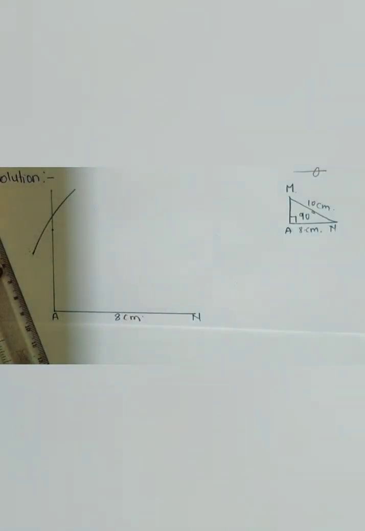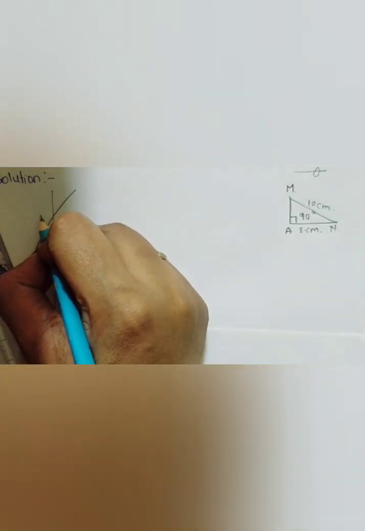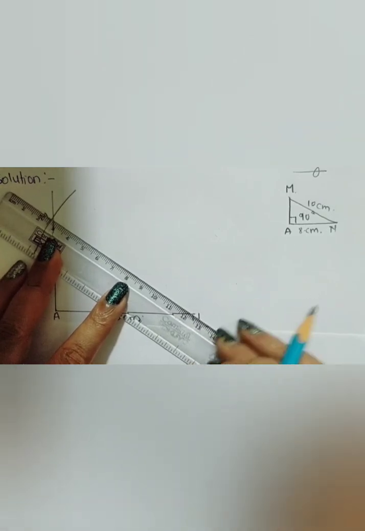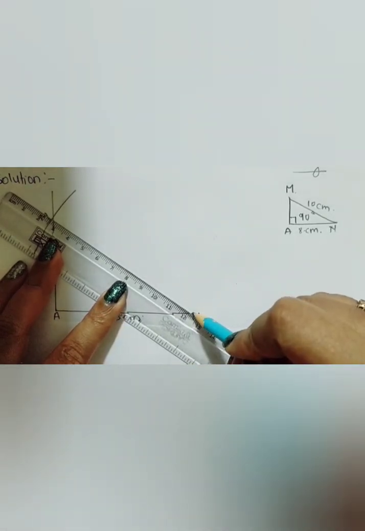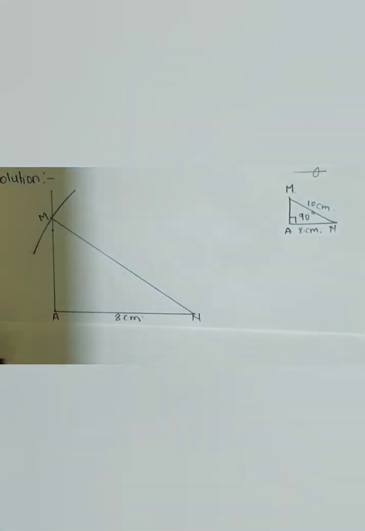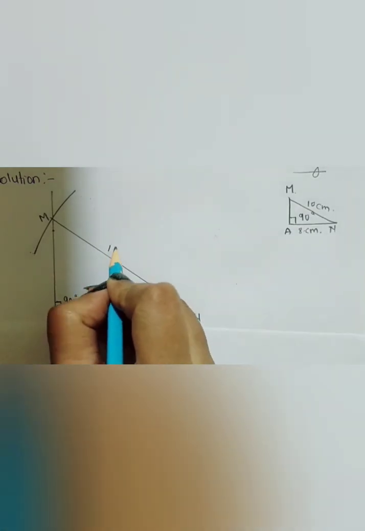Where it intersects, that is our point M, and we have to join this N M. I hope you understood how to draw this. We are going to write here 90 degree. This is 10 centimeter.